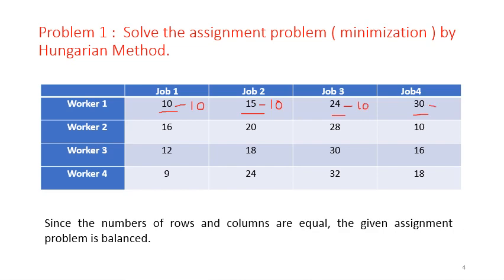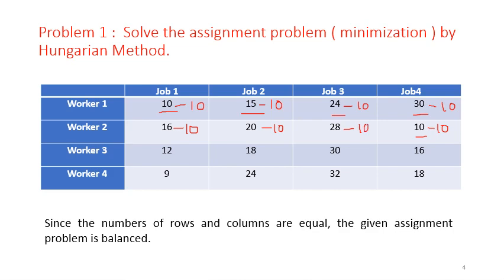So 10 is the minimum. So you are subtracting now all the elements in that first row with 10. When we go to the second row, the minimum here is this 10. So again, you subtract all elements by 10, the minimum element in this row.